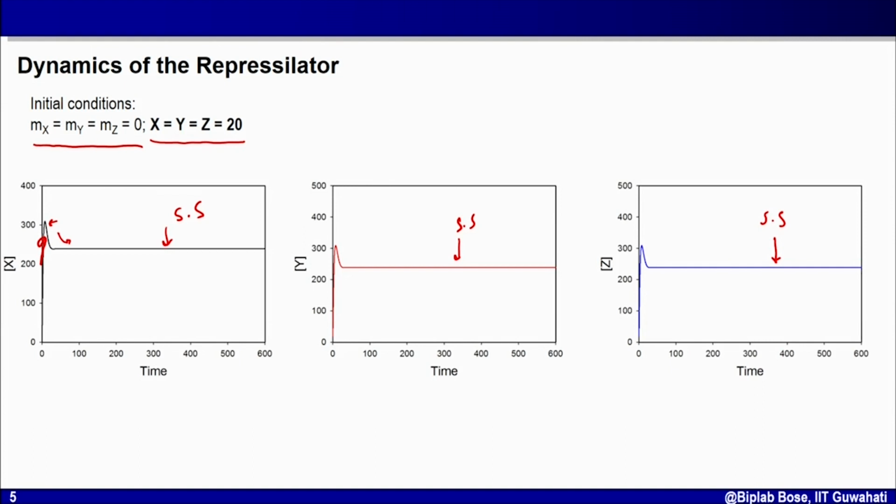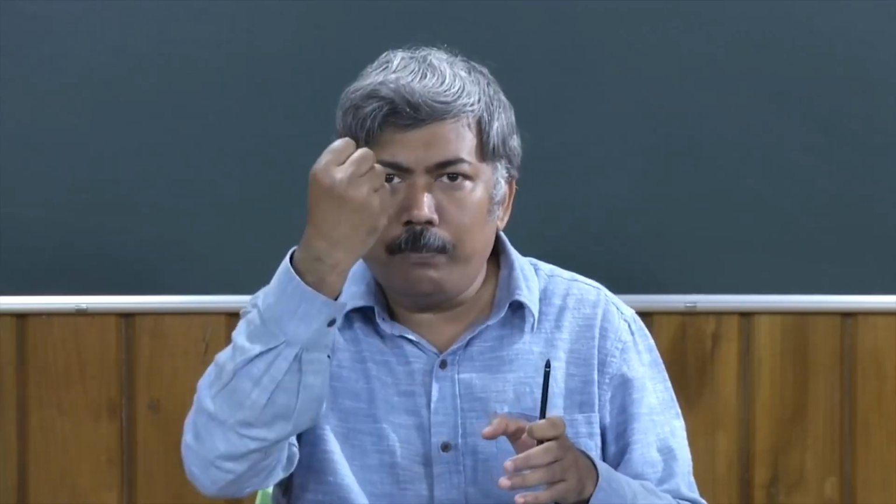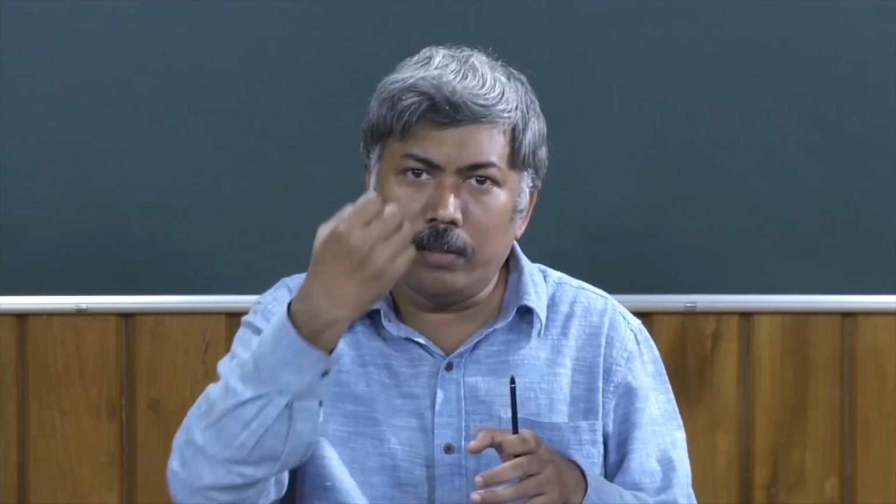What is happening here? As the time progresses, there is leaky expression, and there is also an initial amount of x, y and z. So initially there is some amount of expression, and that accumulates more and more x, y and z, and then the negative Hill function takes control, and it tries to pull down the rate of expression, the rate of transcription goes down.